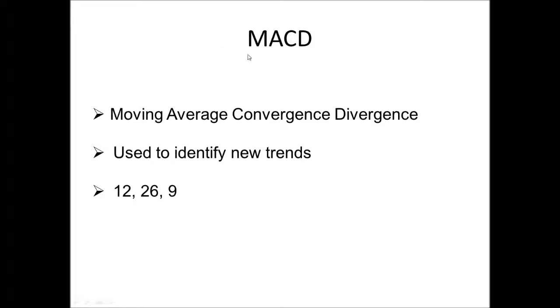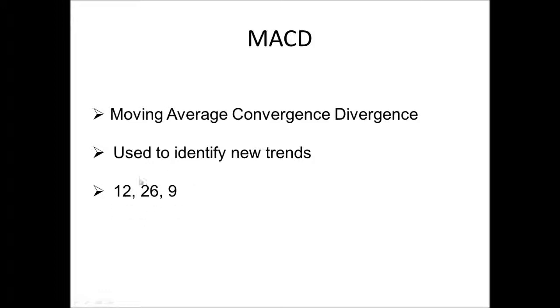The full name of the MACD is Moving Average Convergence Divergence. MACD is actually the acronym. The MACD is used to identify new trends in financial markets and also a change of price direction. There are three settings on the MACD.